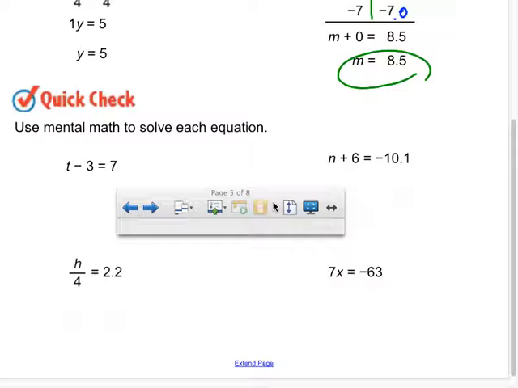Jayla, go ahead. You added 3 to both sides, so 7 plus 3, and that gave you back what?